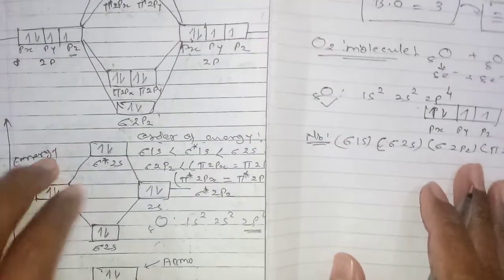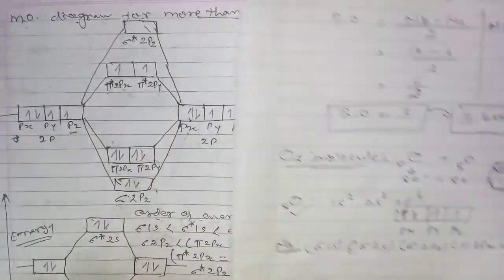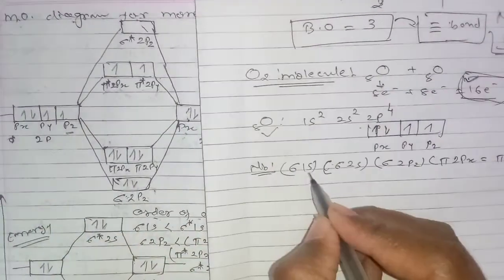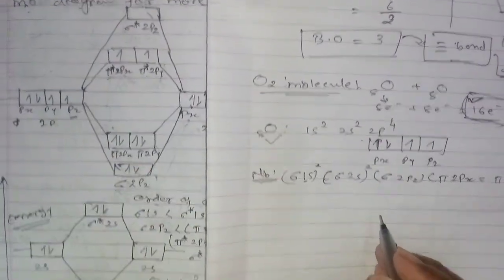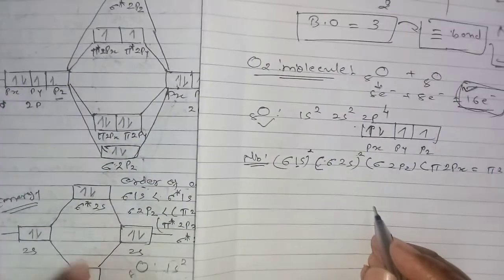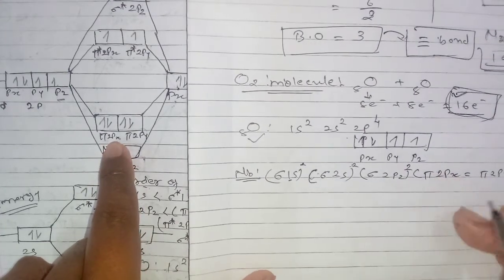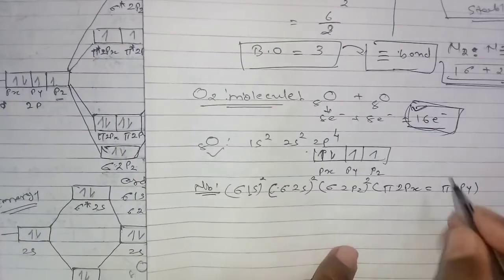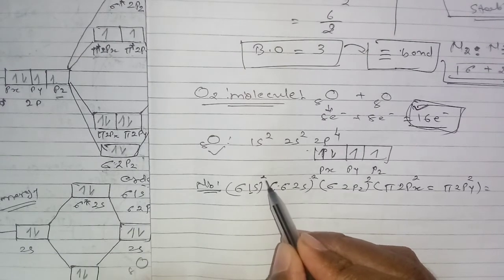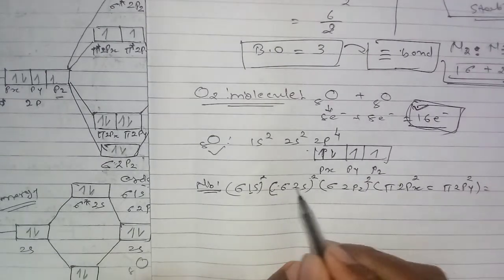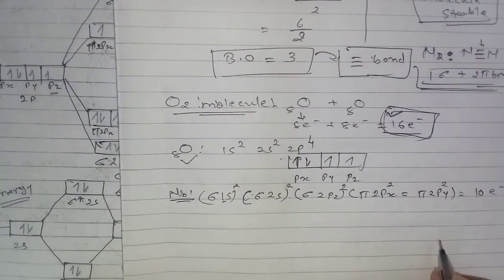In each bonding molecular orbital there are 2 electrons. Total number of electrons: 1, 2, 3, 4, 5, 5 multiplied by 2, 10 electrons.